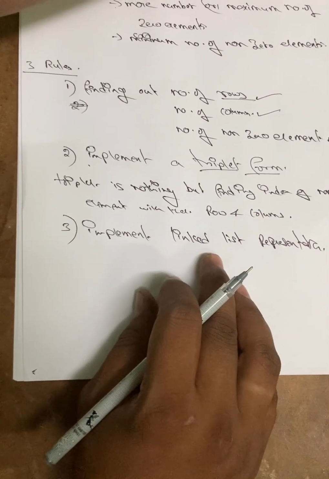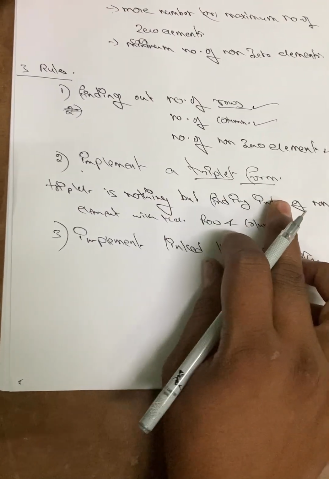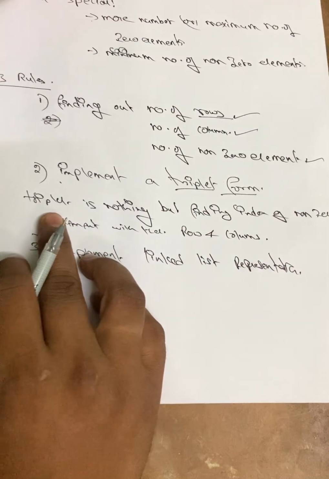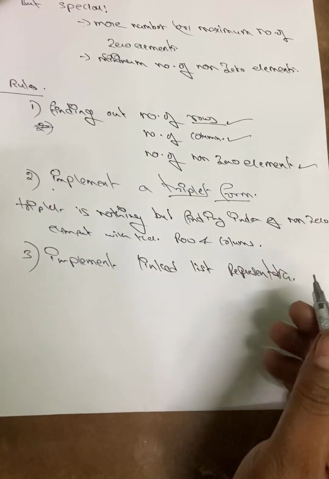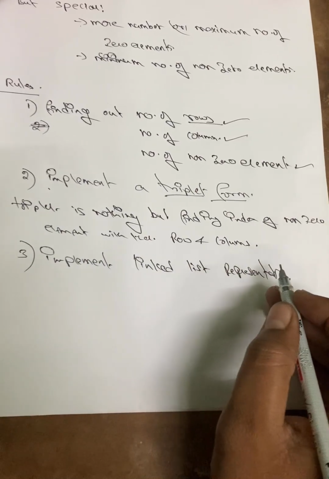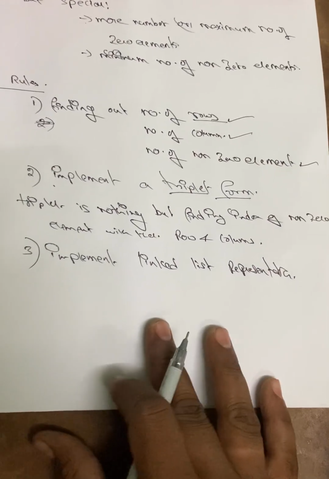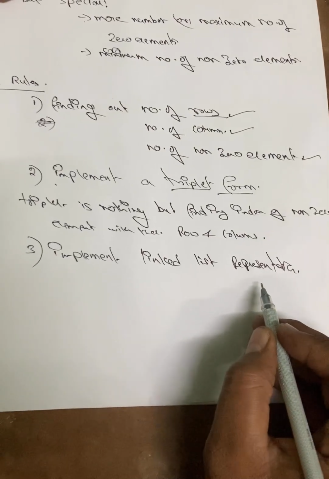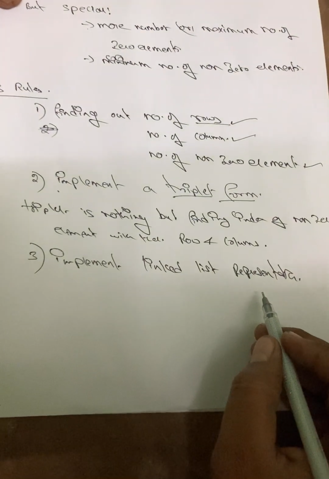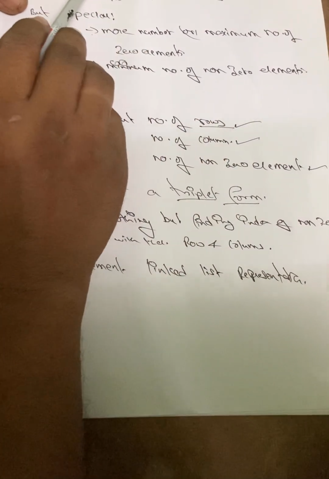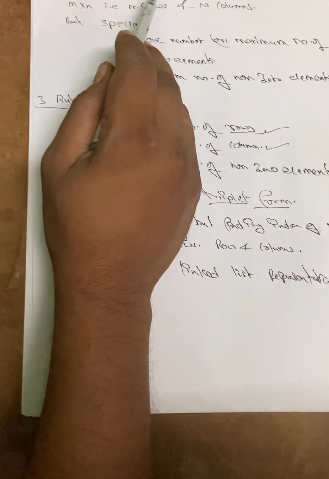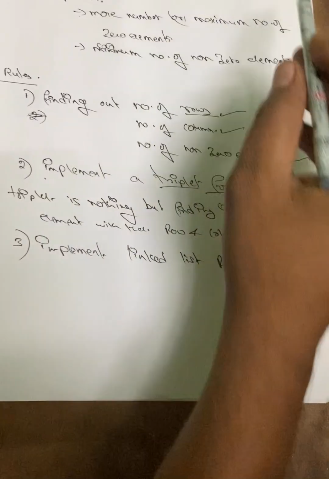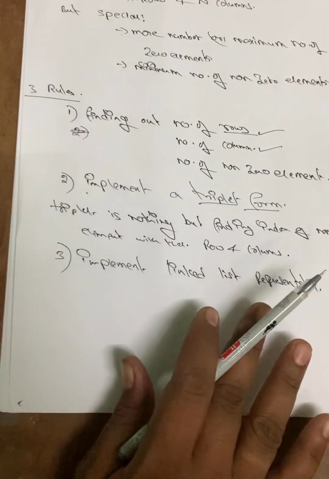Second rule, implement a triplet form, which is nothing but finding out non-zero elements with their rows and columns, that is, the index table we are going to prepare. And thirdly, we are going to implement it with linked list representation, because in data structures the sparse matrix should be implemented with the linked list representation.